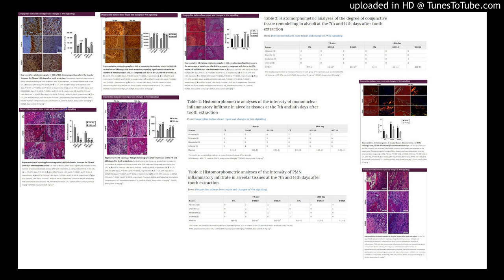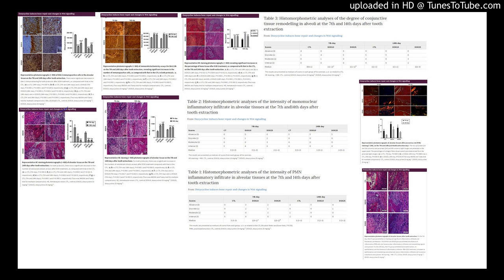D, E, versus CTL, 7th and 14th days, and F, versus DOX10, 14th day, P=0.0081, P=0.0030, P=0.0193, respectively.